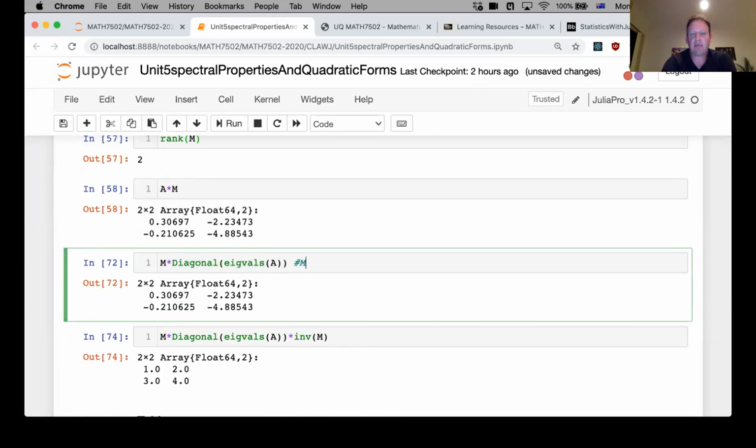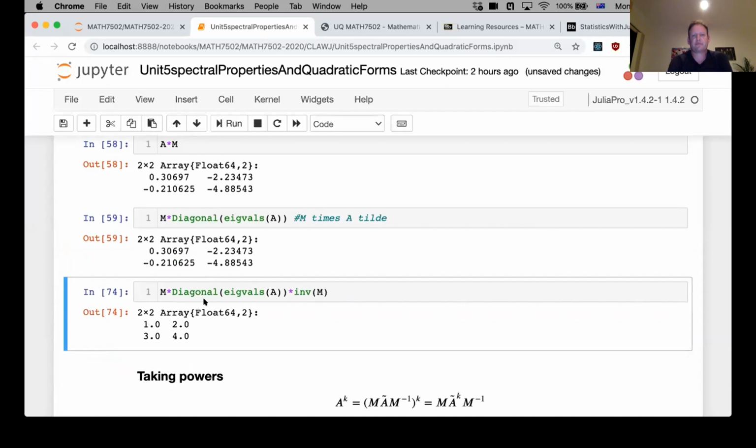This is M times A tilde, which gives you the same thing. Now, the important thing is that you can represent A as M times a diagonal matrix with eigenvalues times the inverse of M. This is the diagonalization of A.